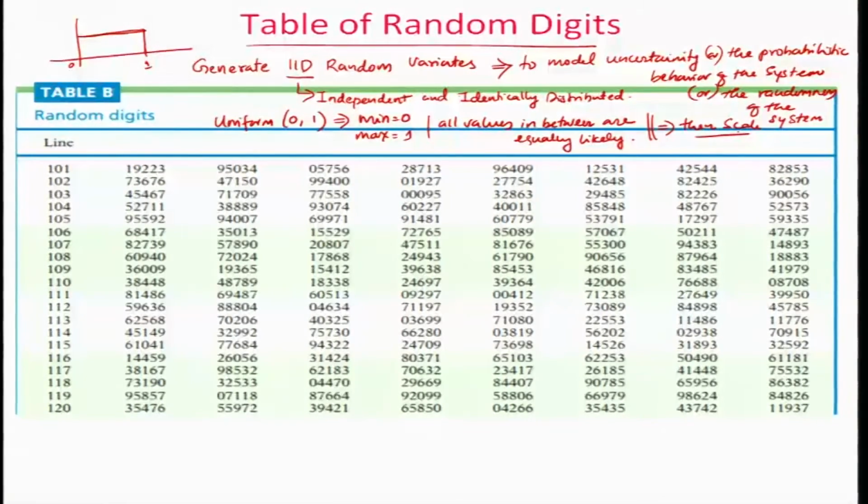The other option is that for doing this you require some form of random numbers from some place. So there is a table of random digits, from which you can take random digits and use them as a way to do it.